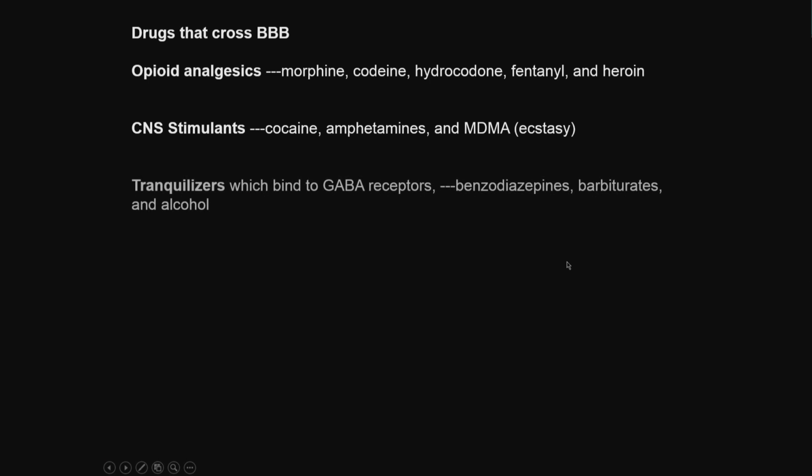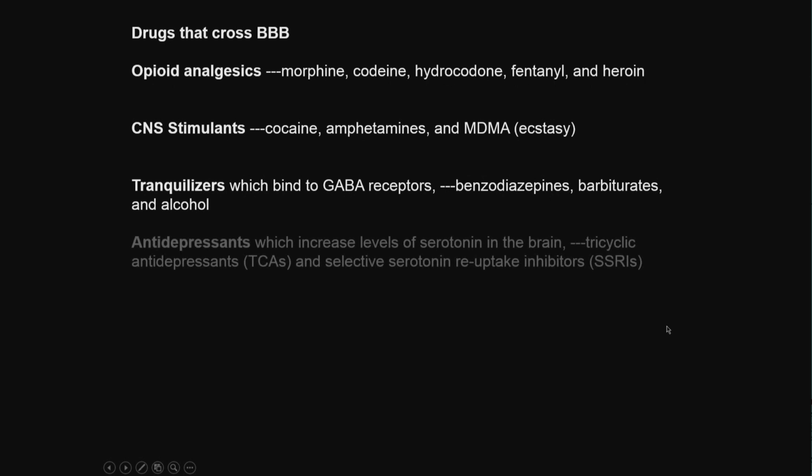Then tranquilizers which bind to the GABA receptors like benzodiazepines, barbiturates, alcohol, they all cross the BBB. Antidepressants which increase levels of serotonin in the brain, tricyclic antidepressants and selective serotonin reuptake inhibitors, they all cross the BBB.